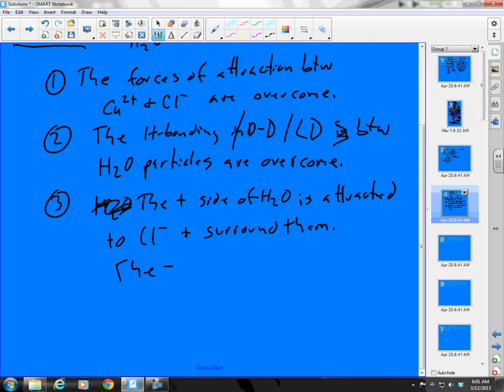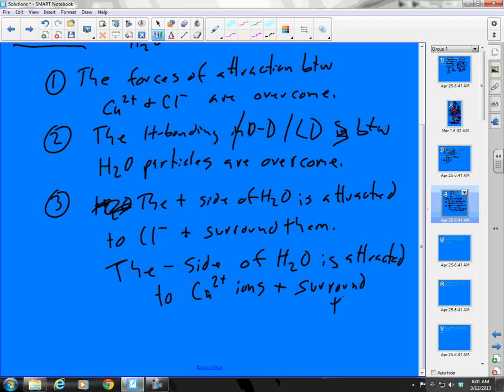The negative side of H2O is attracted to my calcium ions, and they surround them. There we go. And so that's the process. Cool.